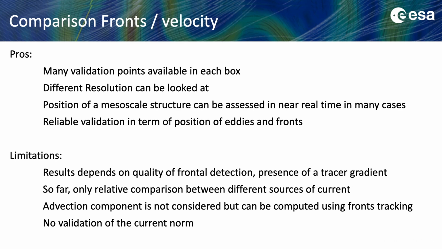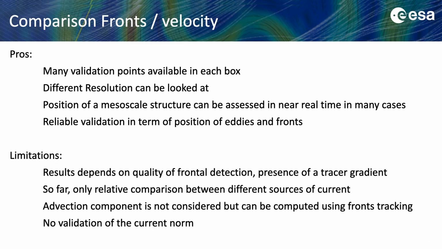Let's talk now about the pros and the limitations. The method has been used to assess and intercompare a wide variety of velocity products. It is interesting as, using geostationary satellites, we can perform statistics on many validation points, and we can play with the resolution of the box.